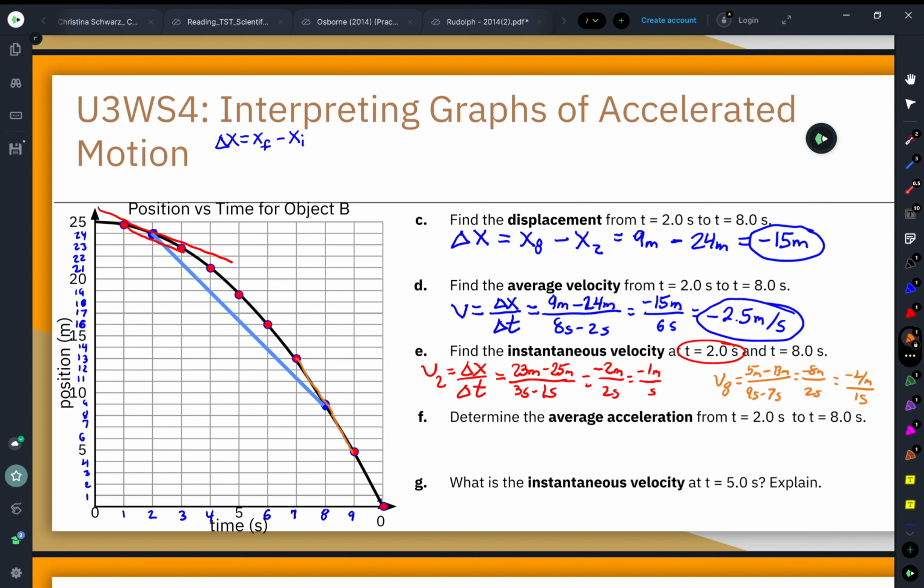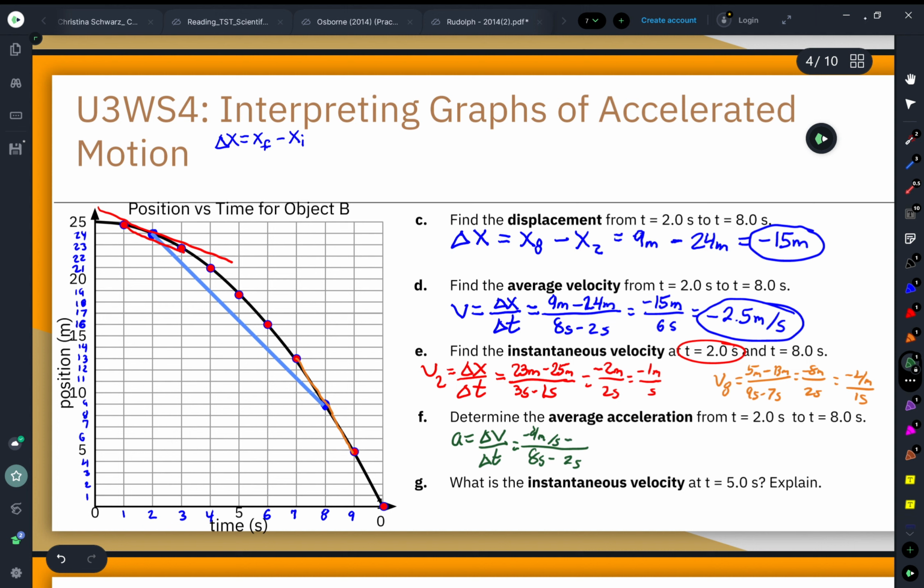Now for part F, when we're trying to determine the average acceleration from a time of 2 seconds to a time of 8 seconds, we can use our equation for acceleration, which is the change in velocity. I'm going to redraw that to make that actually look like a V. Change in velocity over our change in time. So we have our times here, 8 seconds and 2 seconds. The velocity at 8 seconds we said was negative 4 meters per second.